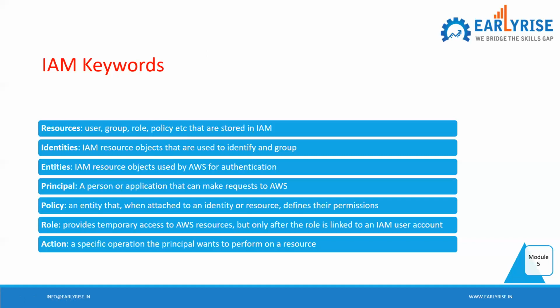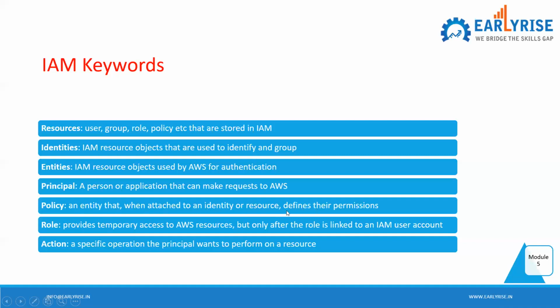What else? Next, an entity that when attached to an identity or resource. So here you will have a lot of terms. You may not be able to relate as of now, right?